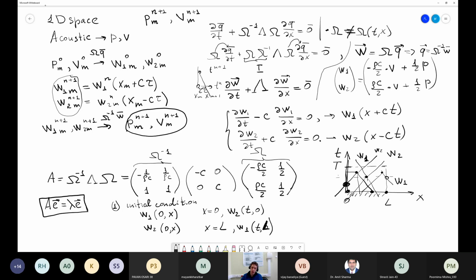Because previously we said that matrix omega doesn't depend on the time or coordinate x, but we want to go to the other case when we have the dependency of our matrix omega. Omega, or we can write here rho, or maybe C, as a function of x.